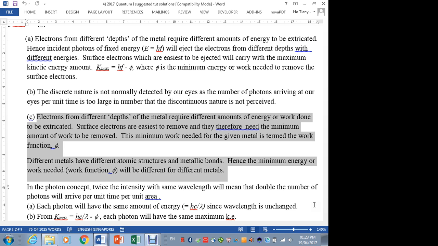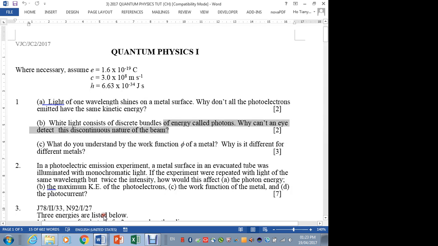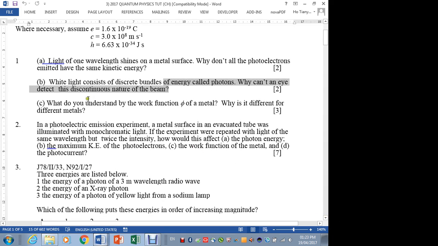Right, that's it for question 1. Let's look at question 2. In the photoelectric emission experiment, a metal surface in an evacuated tube was illuminated with monochromatic light. If it's repeated with light of the same wavelength but twice the intensity, oh, this is exactly what I asked you just now. What will happen to the photon energy, the KE of the electrons, the work function of the metal, and the photocurrent?